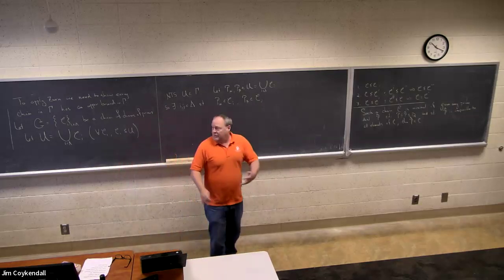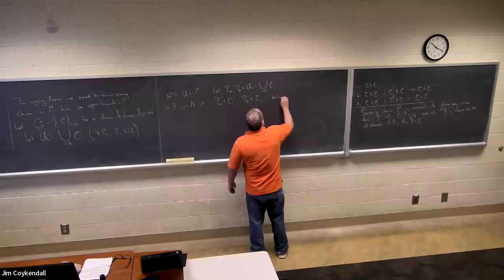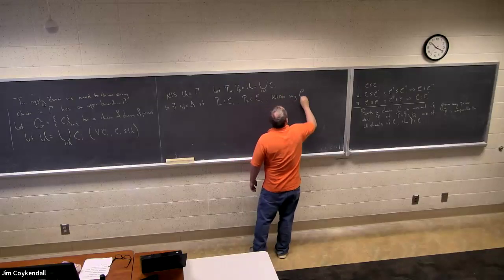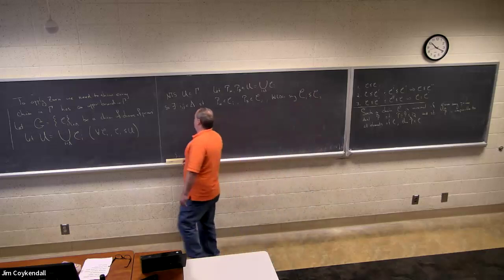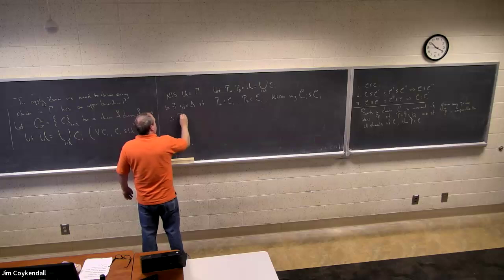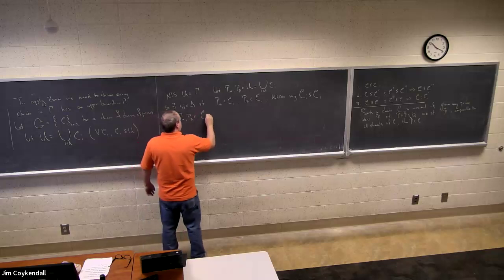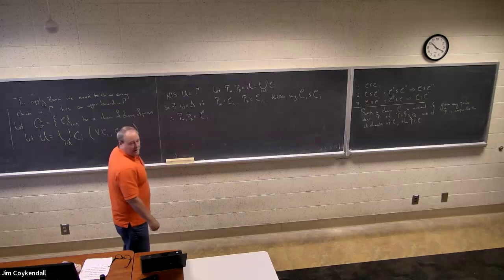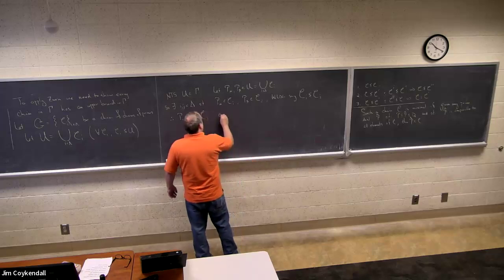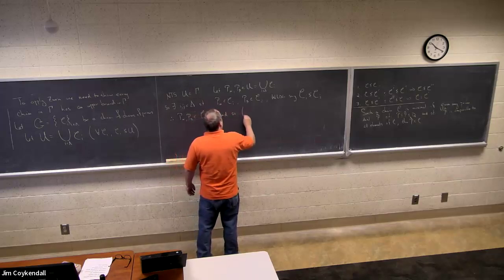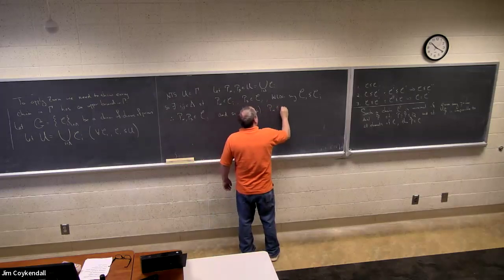But again, this is a chain of chains, so they're comparable. Without loss of generality, say that Ci is contained in Ck, and so, again, without loss of generality, P alpha is contained in P beta.